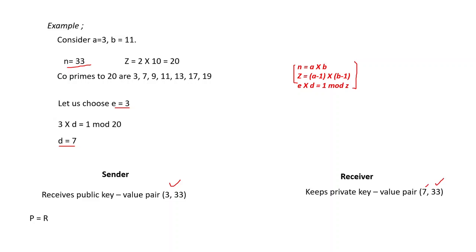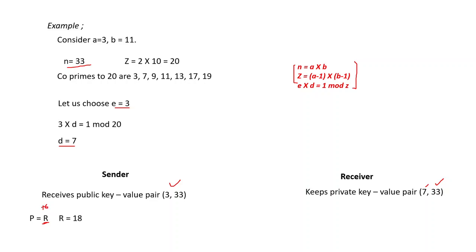Now say the plain text message that the sender is sending to the receiver is R, the plain alphabet R. Now say the alphabets are codified in a way where A starts from 1 and Z is at 26, so that makes R equal to 16. Okay, sorry, 18.